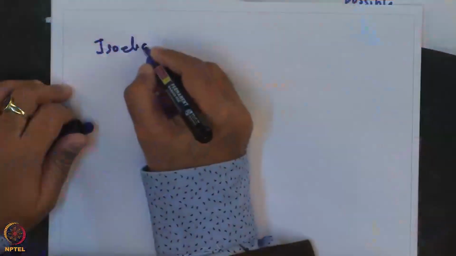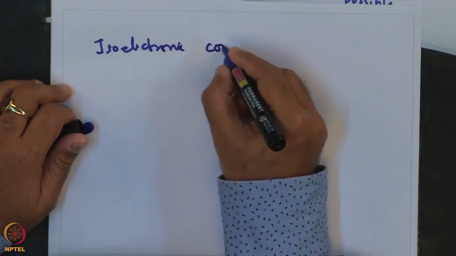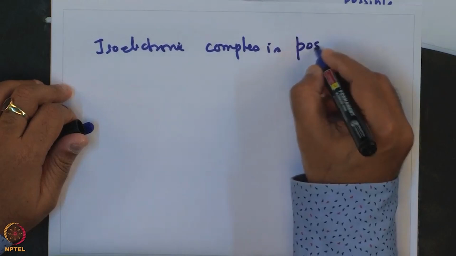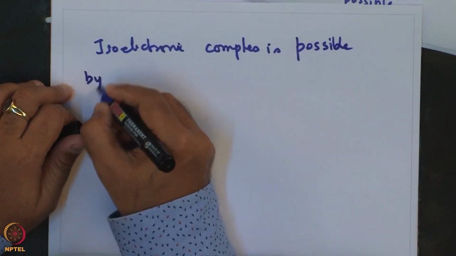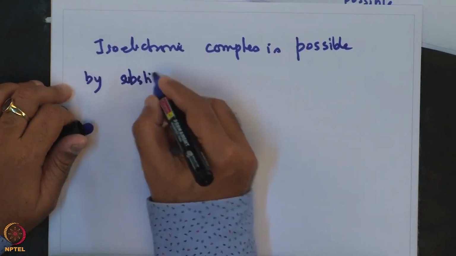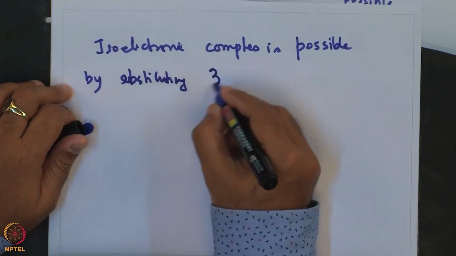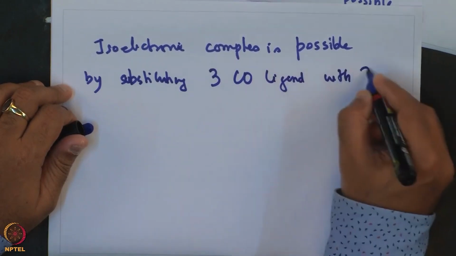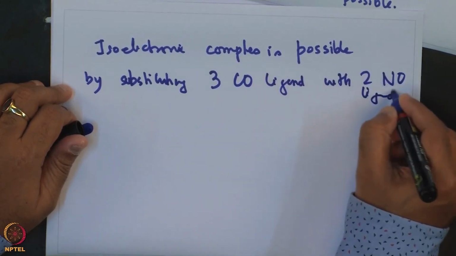So, because nitrosyl ligands can be a 3 electron donor as well as 1 electron donor, depending on the way it binds, isoelectronic complexes is possible by substituting 3 CO ligands with 2 NO ligands.